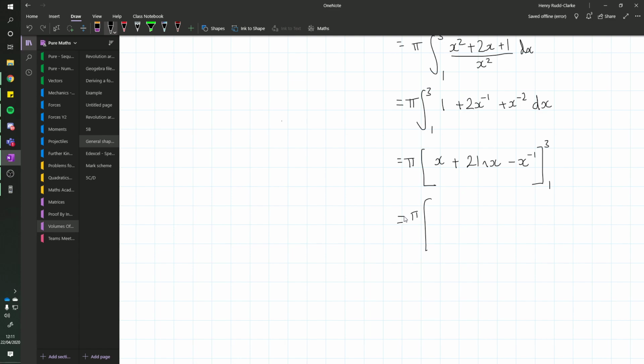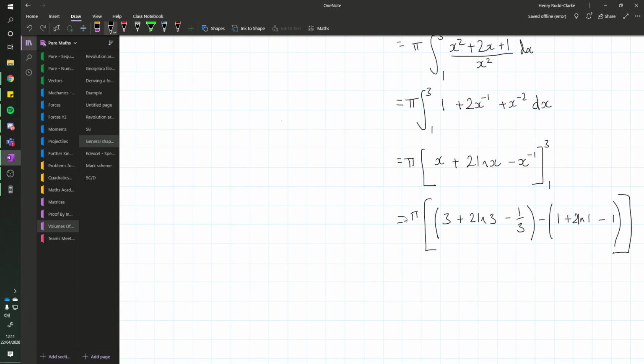So, pi times 3 plus 2 ln 3 minus a third, minus 1 plus 2 ln 1, which is 0, minus 1. So what do we get from this?